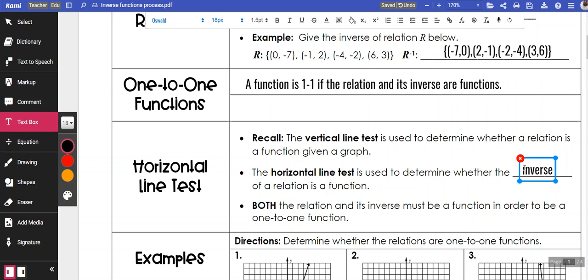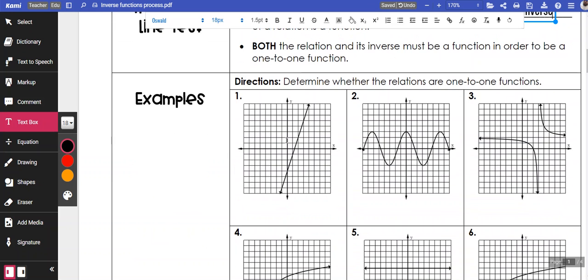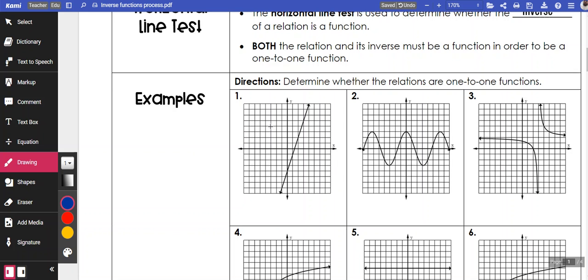Okay, so let's be fast with this. This guy passes the vertical line test. Is its inverse going to be a function? Yeah, because it passes the horizontal line test, so that's a yes.